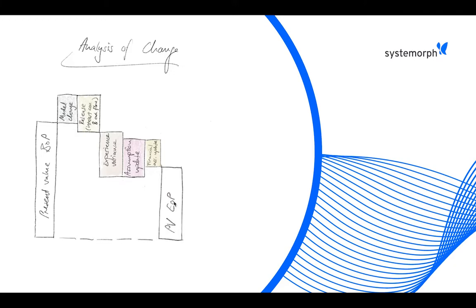The net change from the beginning of period to the end of period is indicated here in this visual by the blue area. It is what the company earns at the end of the reporting period. And this analysis of change report is eventually used for producing the financial statements.